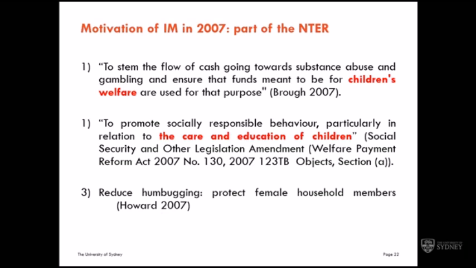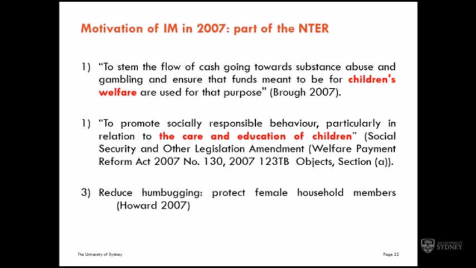And the reform said explicitly, and this comes out of Mal Brough's speeches in Parliament when the act was implemented, to stem the flow of cash going towards substance abuse and gambling and ensure that funds meant to be for children's welfare are used for that purpose, and to promote socially responsible behavior, particularly in relation to the care and education of children.